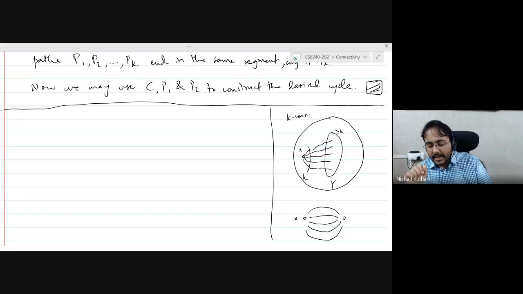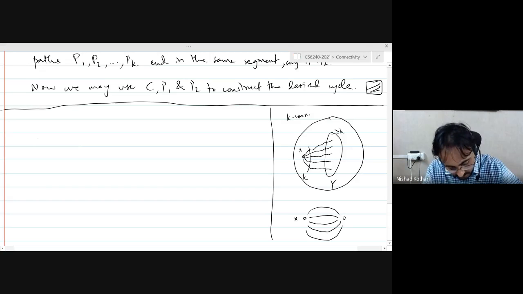The only issue is that you have to now explain why when you add a vertex and join it to k vertices or more, the resulting graph is still k connected. So that is our lemma 9.3.